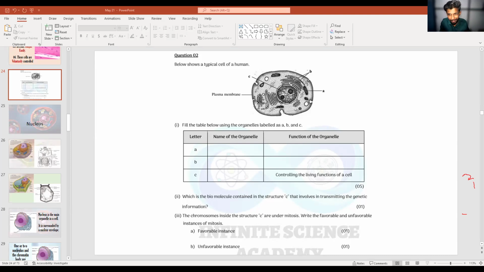Check the picture, whether they have shown the rough endoplasmic reticulum or any other organelles. Look at the picture. Check that one. All the other answers are correct.